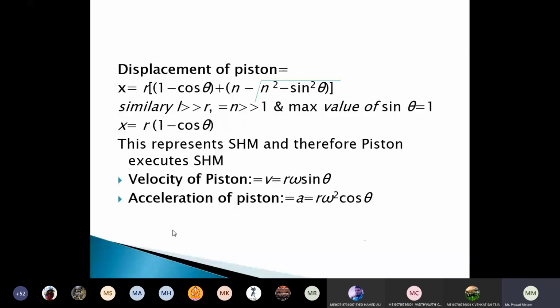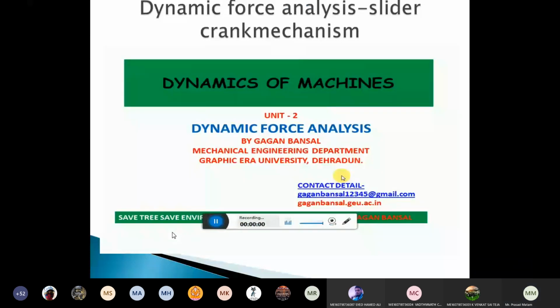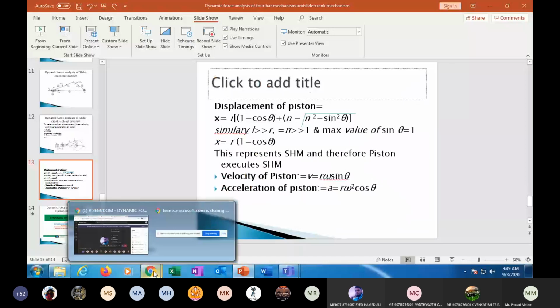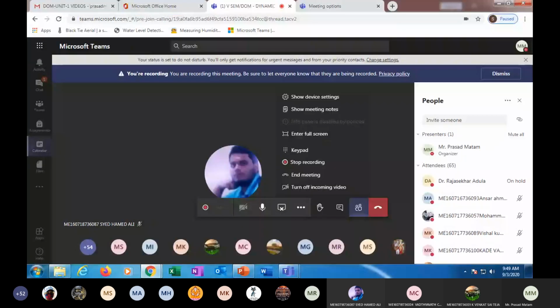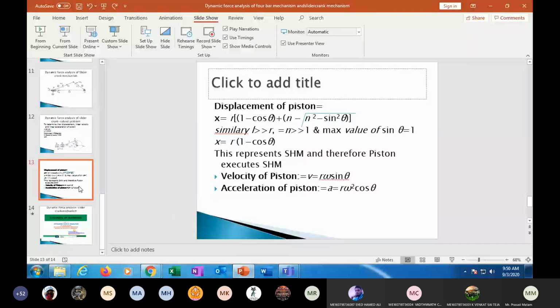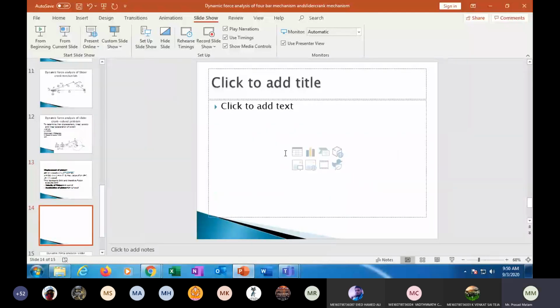Yes. So we got x is equal to 8.85 mm. Similarly, can you solve for the velocity v value?